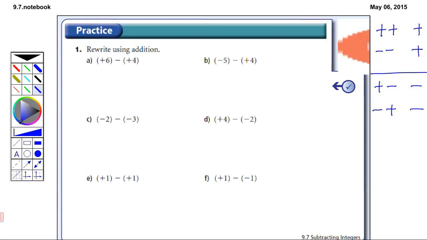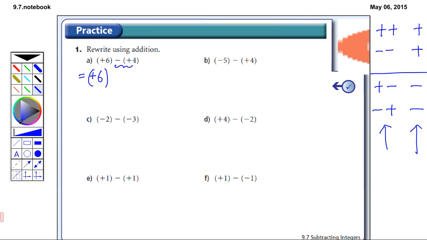So rewrite using addition. The first sign always stays the same, so I'm going to rewrite that as plus 6. Now minus plus 4, that's going to turn into a negative. If you look at what turns into a negative here, I can have either plus minus or minus plus. I can have it both ways, which means I can essentially switch these signs and it will make no difference.